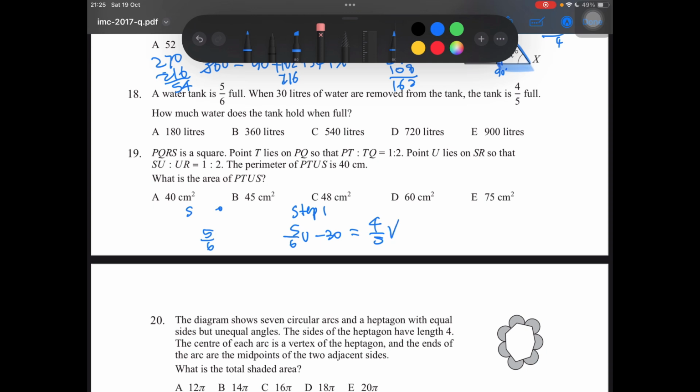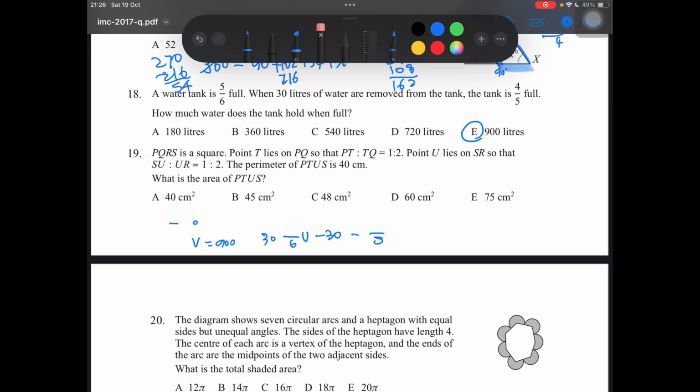Okay, only just one step. So this is how we can set the equation. And with 5 and 6, let's multiply by 30. 25V minus 900 equals 24V. So V is 900.